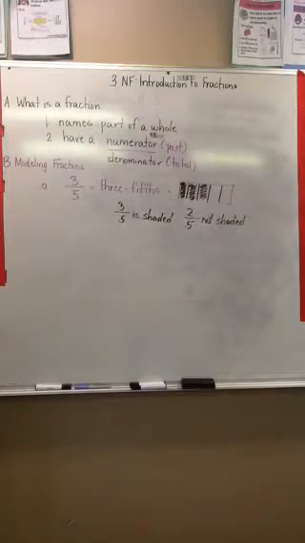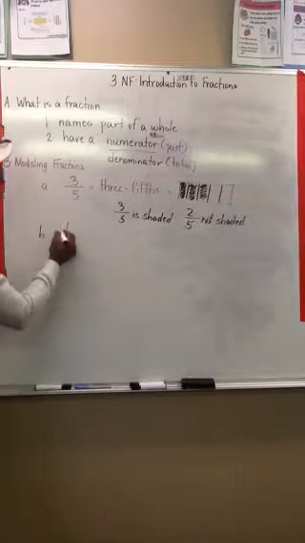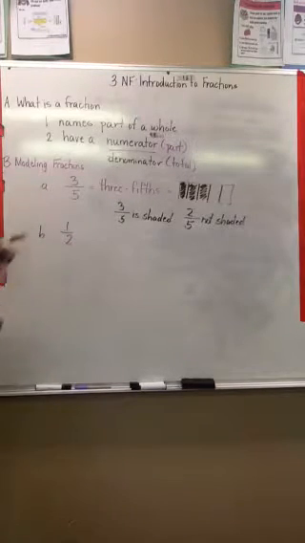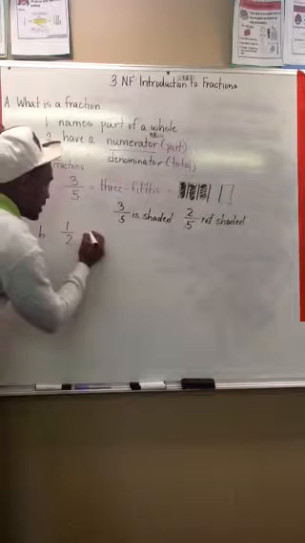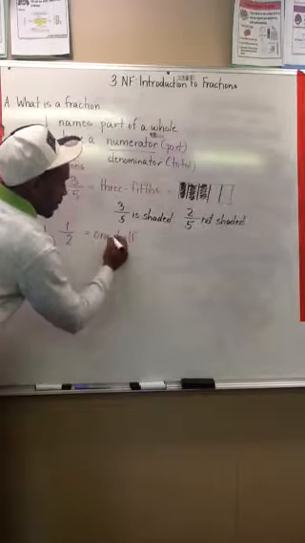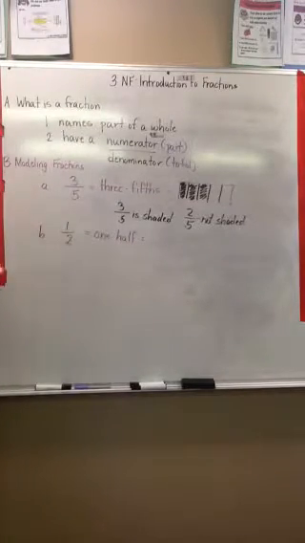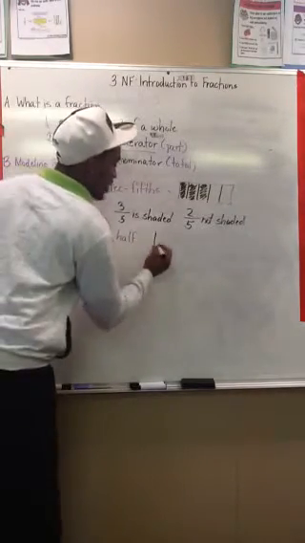Okay. Let's do another one. If I give you 1/2. Some would say 1/2 is actually pronounced one half. Okay? And it looks like this. Fractions start out as a whole.